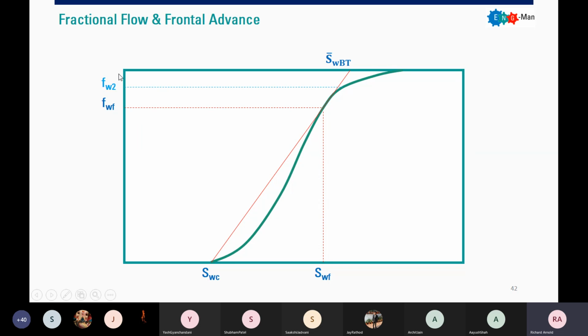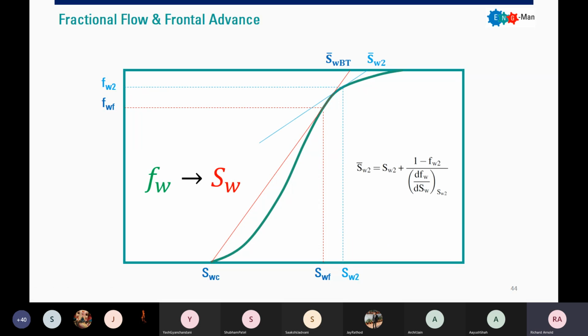Okay, after you get your water cut, you draw your line here to get this one, water saturation after breakthrough, and the average water saturation throughout your reservoir is actually this one. Okay, SW2 bar, average water saturation after your water breakthrough. So it means we can get finally water saturation, water fractional flow or water cut to give us water saturation.